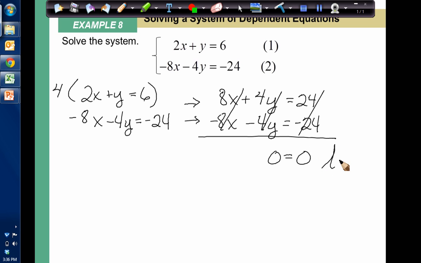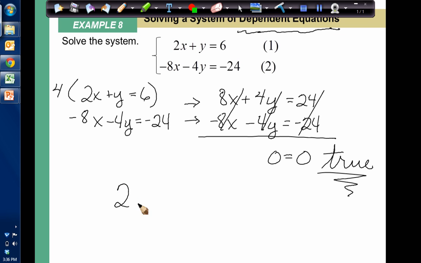So that's the key word. This is true. It's true, but it's not helpful. Okay, so when you end up with a statement that's true, that doesn't have any variables in it, you know you have dependent equations, okay? Dependent equations means the lines are the same line, one line on top of the other.